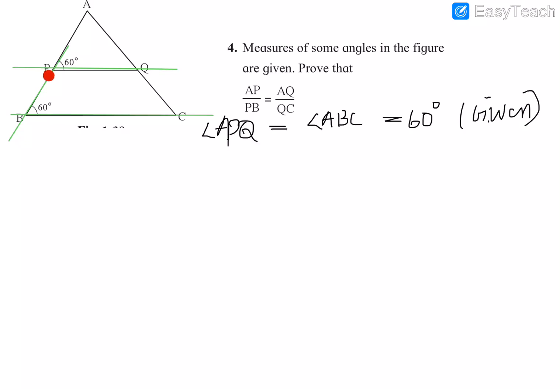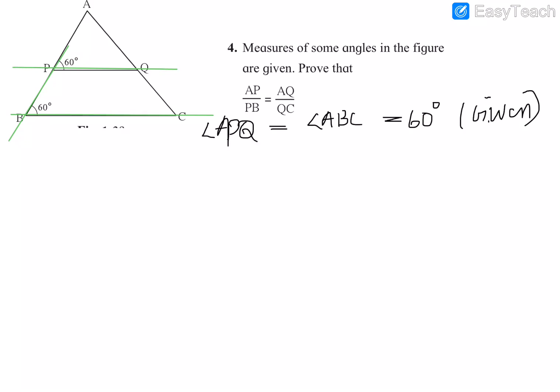So the angles are the same, which means these two lines, PQ and BC, will be parallel, since this angle made by the transversal is a corresponding angle.